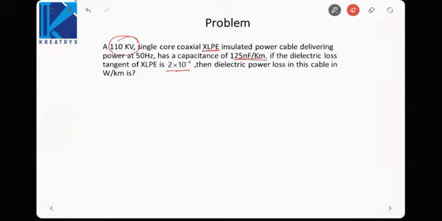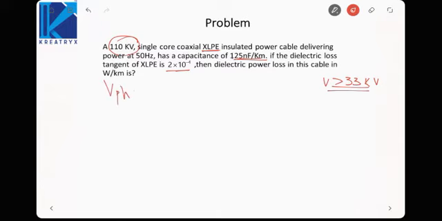This is not possible in single phase. So we will take a three phase cable, but it is talking about single core. As I told you, if voltage is greater than 33 kV, we use three single core cables. That means we have a three phase system, but each cable is single core.